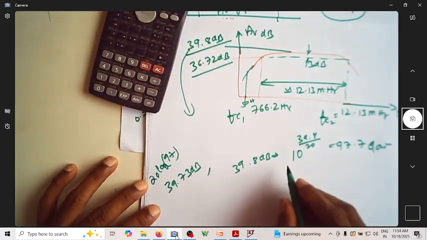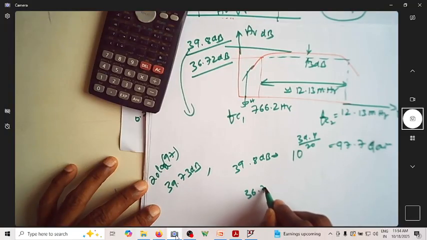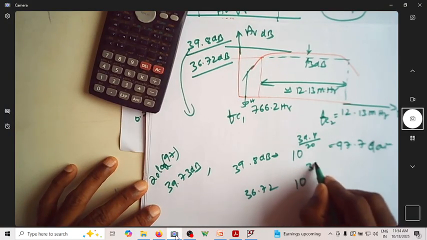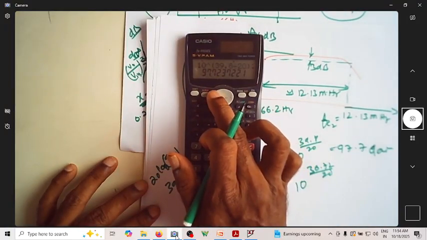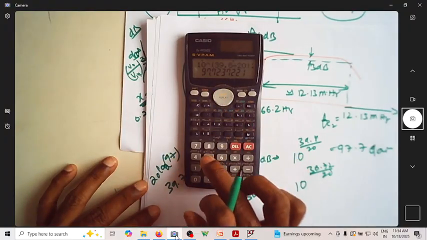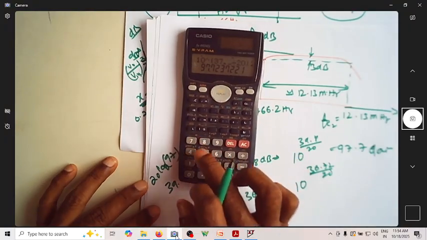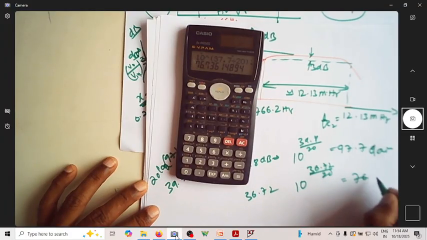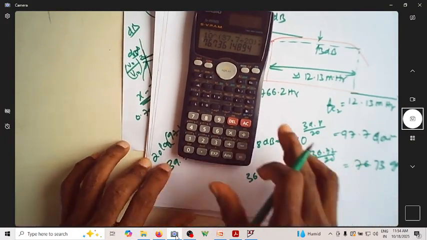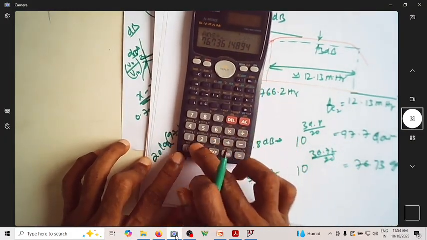And what is this? 36.72 is 10 to the power of 36.72 by 20. Let me write it here. 76.73 is the gain. Can you see this is that divided by 0.707?